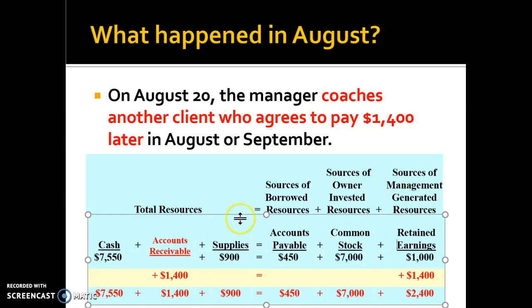And also it increases our total resources, which specifically is accounts receivable, because that's the amount of money we are going to receive in the future and give us the benefit in the future. That is our asset definition. So again, what happened in August is that we served someone, which increases our management-generated resources, and also increases the total resources, which is the asset for our firm in the future.